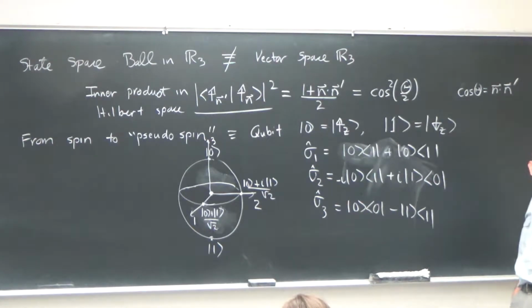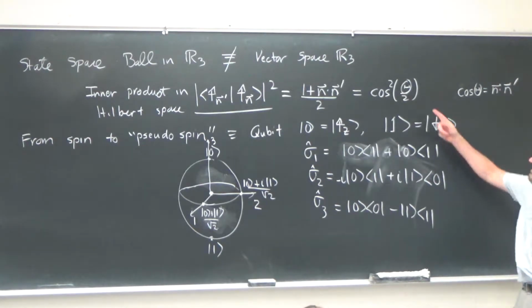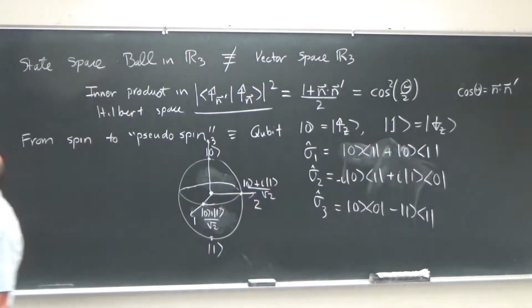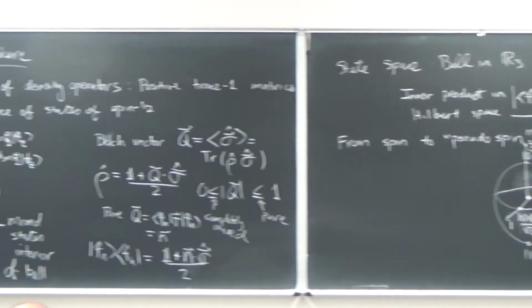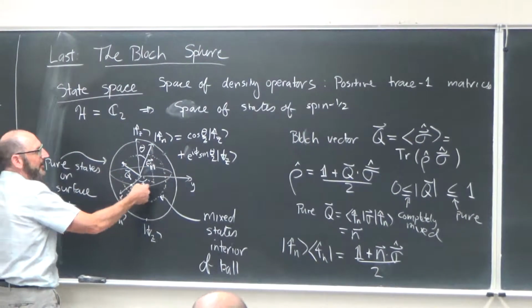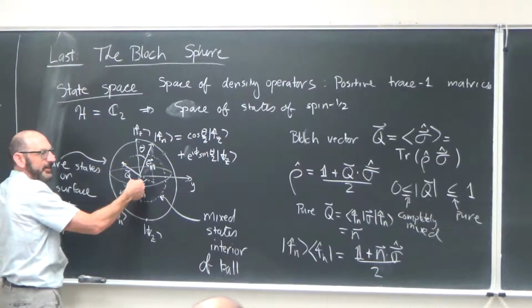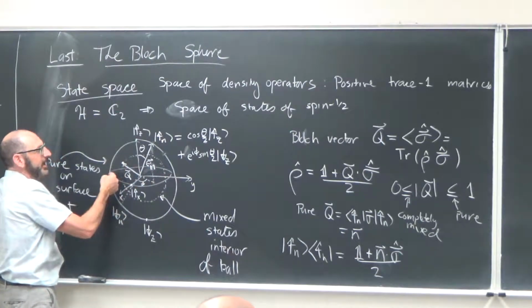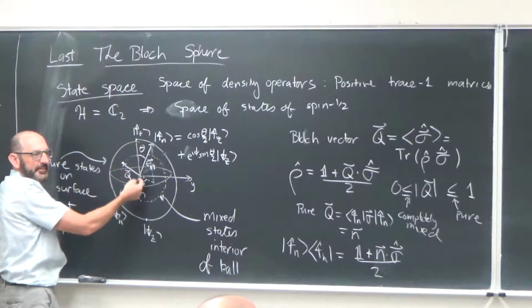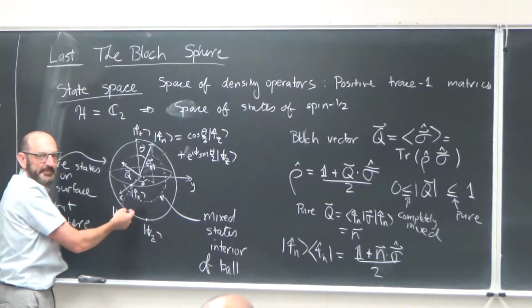So states that are at 90 degrees to one another on the Bloch sphere are not orthogonal. In fact, every state on the equator here is a 50-50 superposition of states on the north and south pole, right?